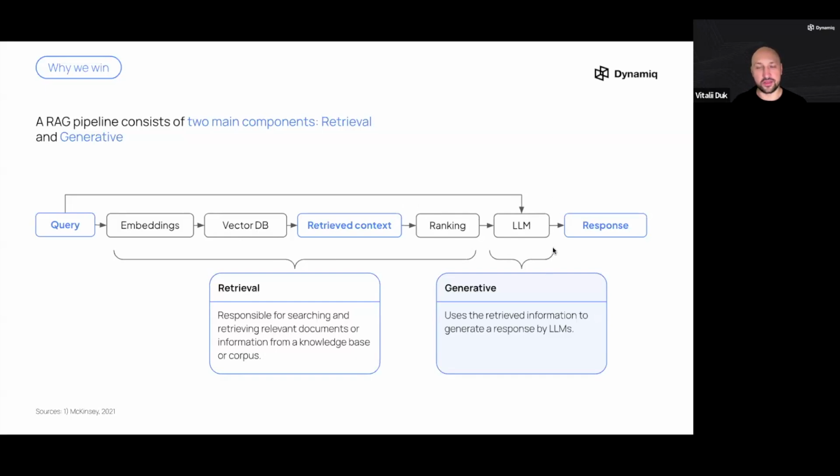So inject these documents into a prompt, and the LLM will generate the final response. So everything from the embedding, retrieval from the vector DB to ranking, is called the retrieval part in RAG. And then the generative part just leverages the LLM to combine and produce the final results.